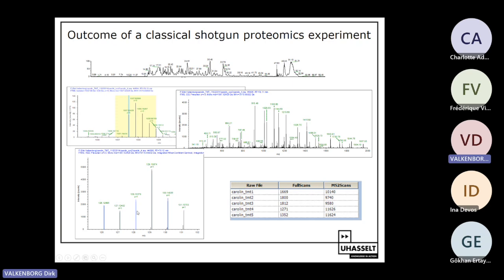You can label the samples with isobaric tags and then multiplex, combining several of the samples in one pool and then analyzing the pool. In the mass spectrometer, you will demultiplex that information again, and you get a reporter ion region that tells you the proportion of that peptide in that sample.